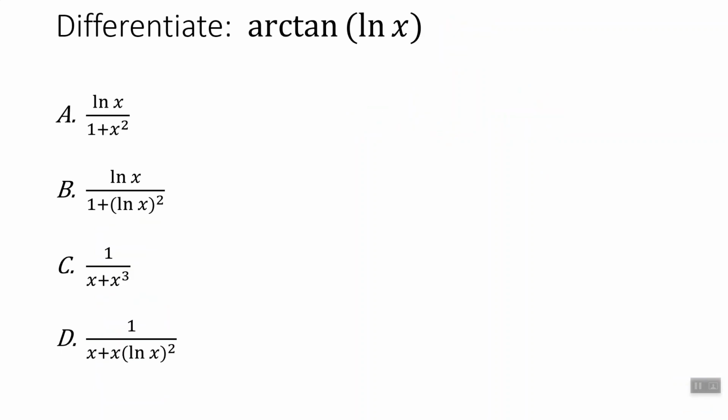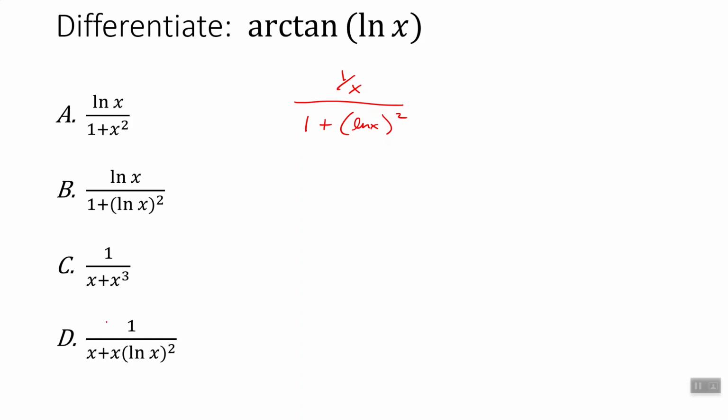All right, let's throw a natural log in there. Sure, why not? All right, so tangent says, let's see, the derivative is, well, it's the derivative of the inside, which is 1 over x, times 1 plus the inside squared. Like that. If you look, I don't see that anywhere as an answer. There's no 1 over x on top.